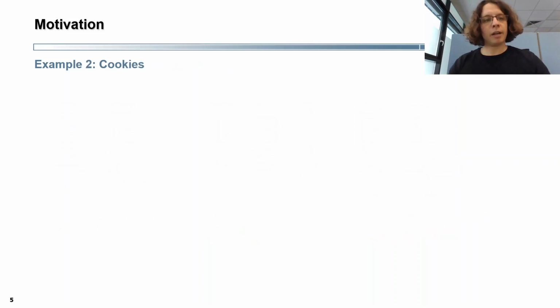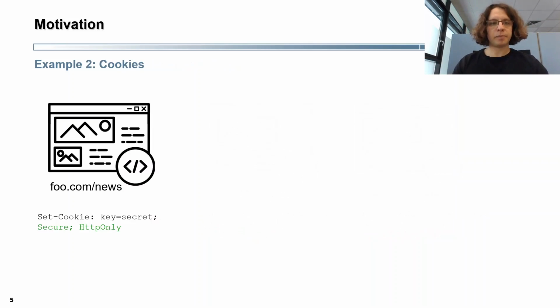Another example I want to highlight are cookies. Think about a cookie called key with the value secret, which is set on foo.com/news with the flags Secure and HttpOnly, which means that it cannot be accessed from JavaScript and is only transmitted via secure HTTPS connections.